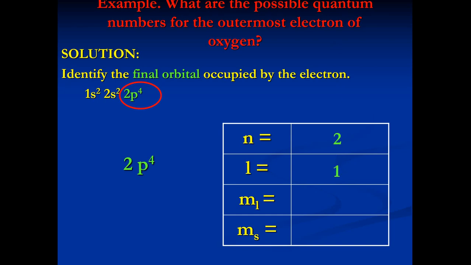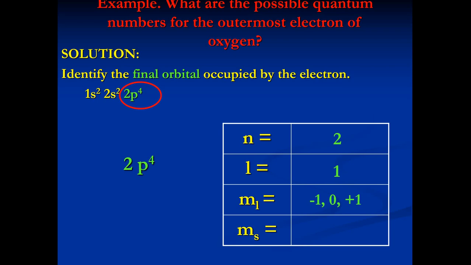Then the next thing is the electrons. Since we are talking about the magnetic quantum numbers, and our l is equal to 1, we are expecting to have 3 different values, because the question said the outermost electron.